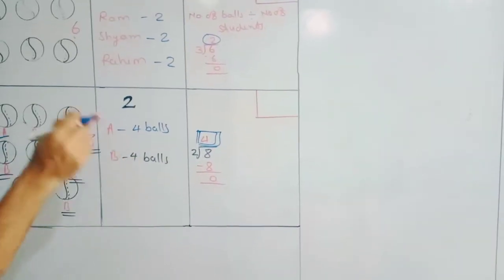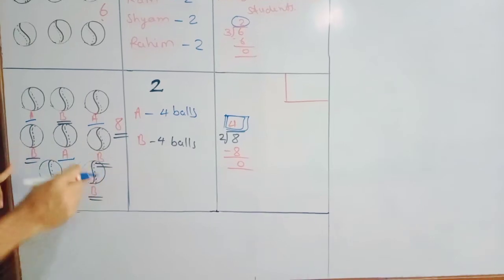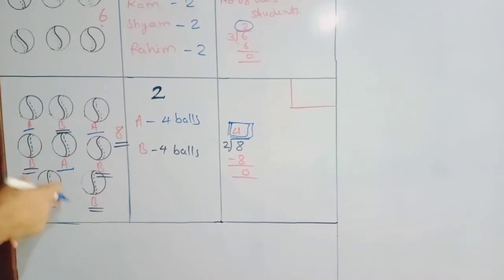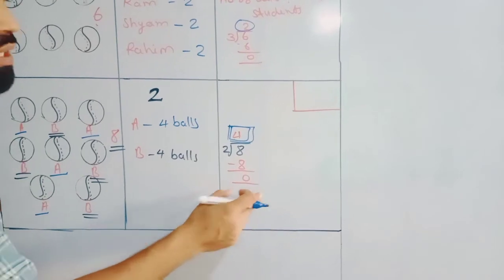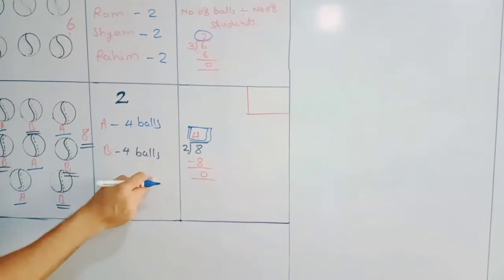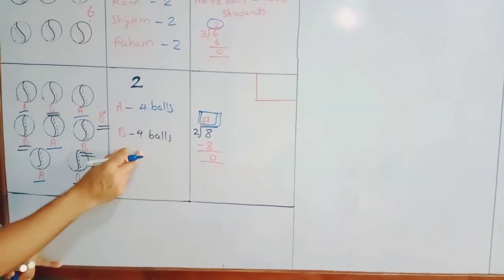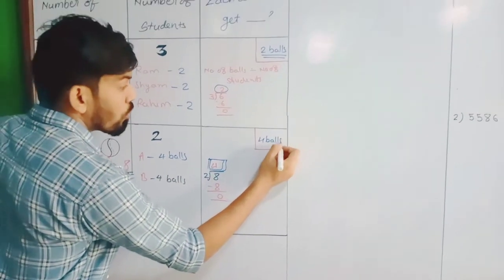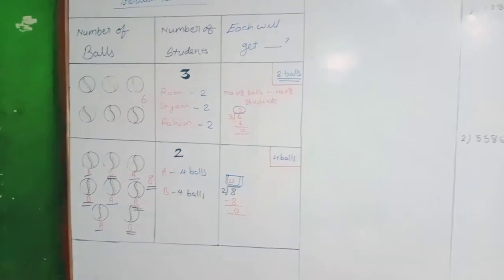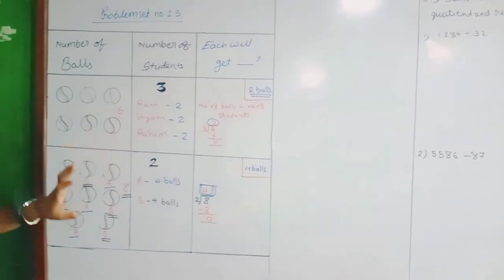By counting this way we can also do the division, but that is much more difficult for us. So we are going to do it directly by the division method. Here they will get 4 balls each. This way we are going to do the division.